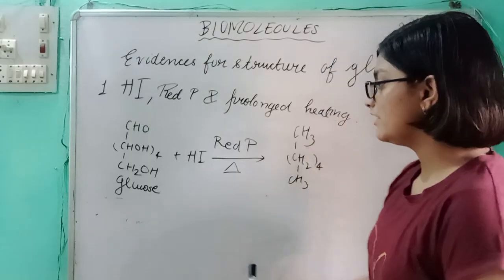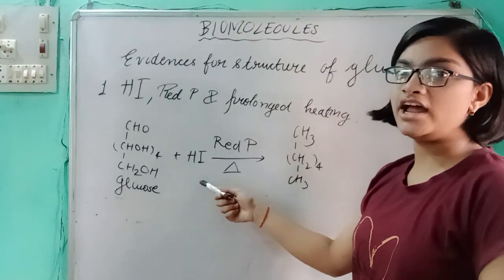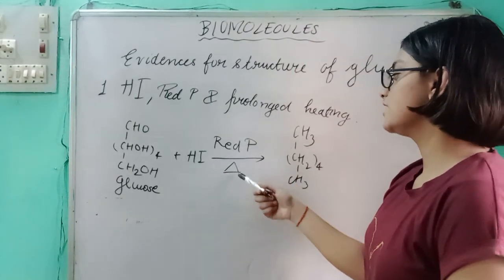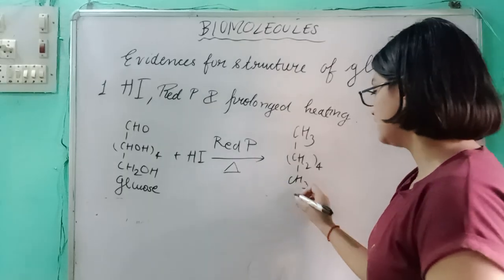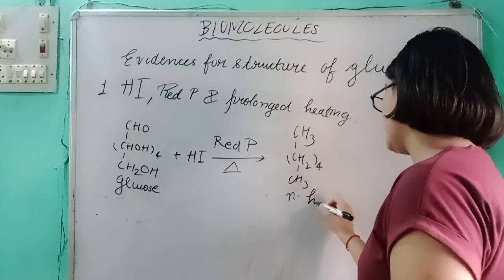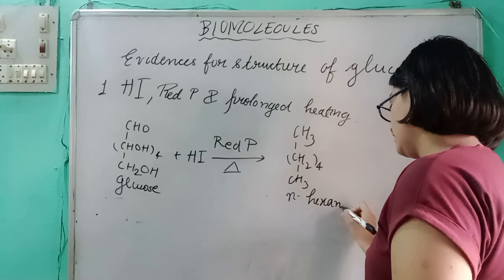So, whenever glucose reacts with hydrogen iodide in the presence of red phosphorus accompanied by prolonged heating, then n-hexane is formed.